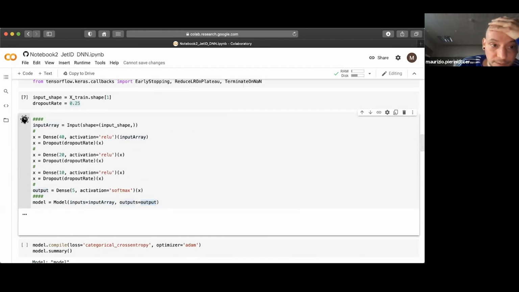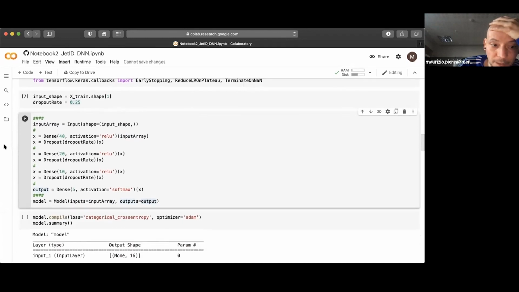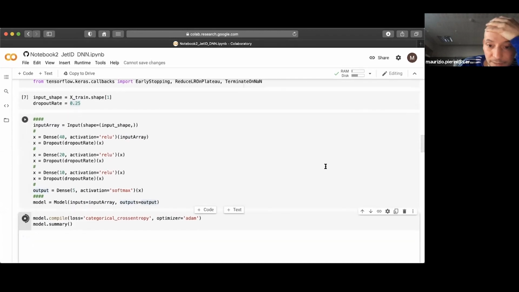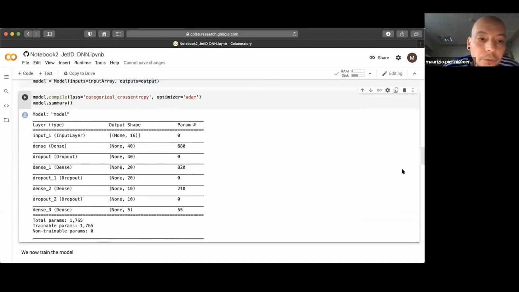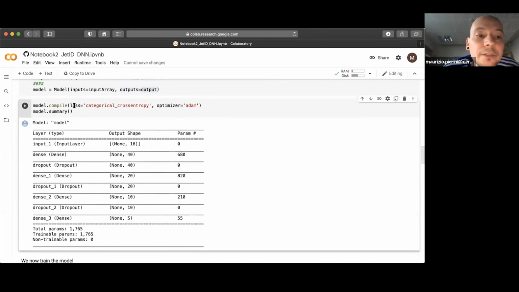And if I run it, it doesn't complain, hopefully, which is fine. But then if I compile it, which is where the actual check that the previous code makes sense happens, I have to specify a loss function. And I specify categorical cross entropy, which is the cross entropy that we discussed before, but for multi-categories.